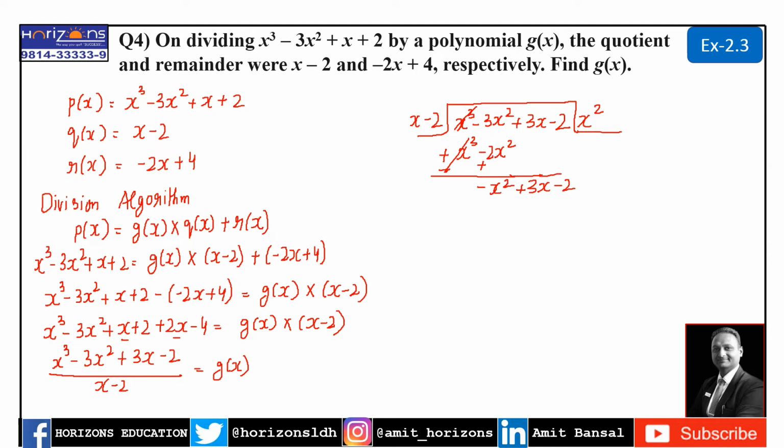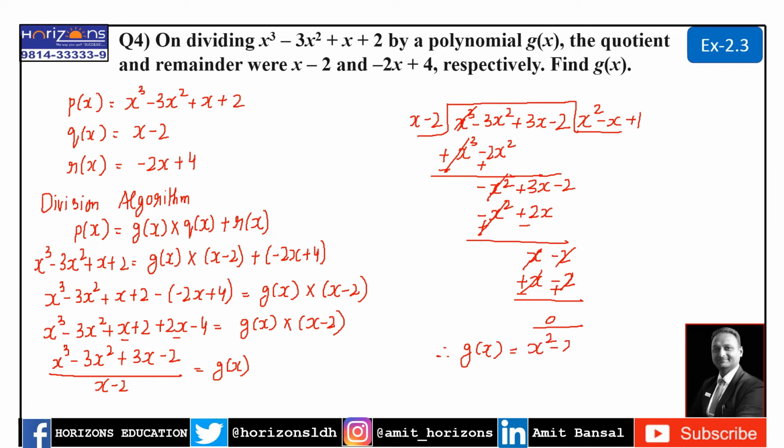Now to make x equal to minus x square, we'll simply have to multiply it by x. Minus 2 into minus x is plus 2x. Subtracting it further, 3x minus 2x is x, minus 2 would come down as it is. So plus 1, we'll multiply it with plus 1. So the remainder is 0. Therefore, gx is equal to x square minus x plus 1.